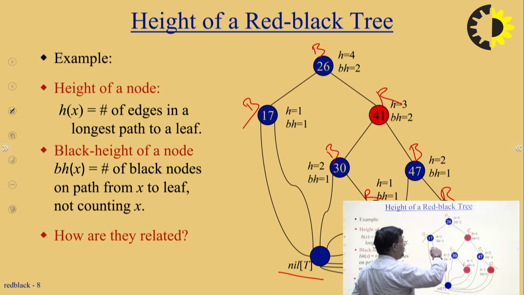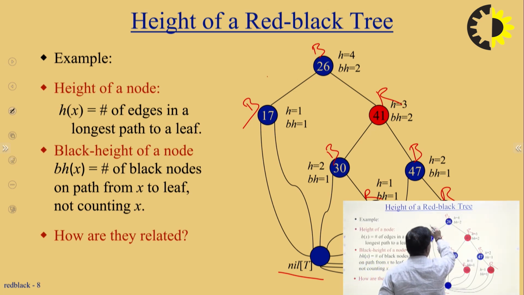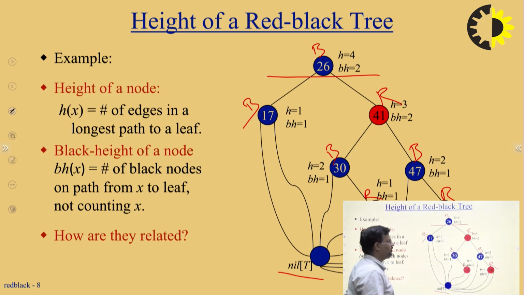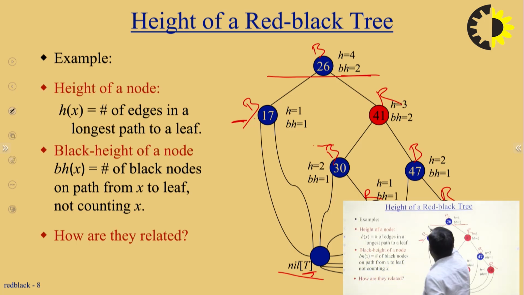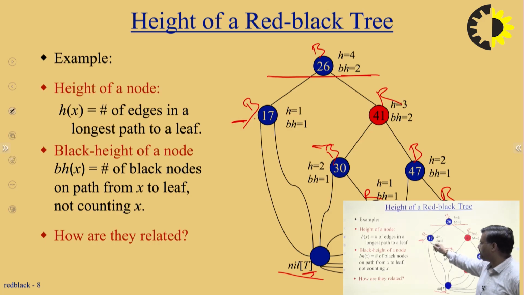First of all, suppose we want to find the black height of this. Suppose this is black and the last nil is black, then 1 and 2, so the black height is 2, without considering the root node. Then for x, it has only one black, the nil, so the black height is 1.